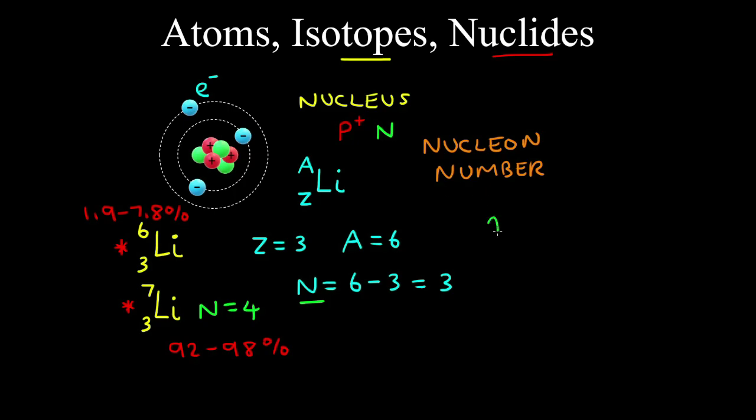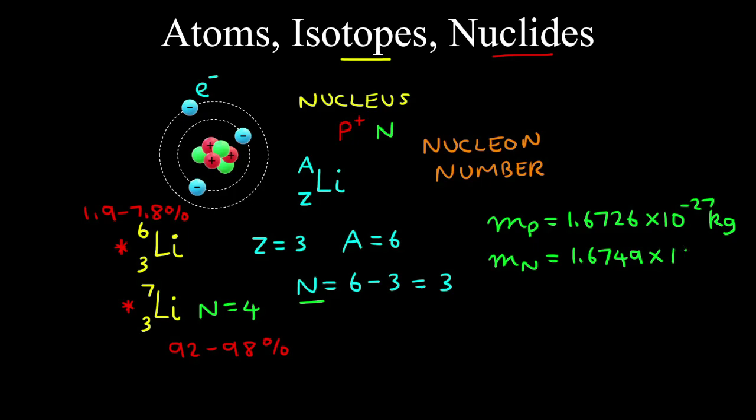Now the mass of a proton is very small, around 1.67 by 10 to the minus 27 kilograms. Similarly, the mass of a neutron is also small, slightly heavier than the mass of a proton, but it has a similar order of magnitude.